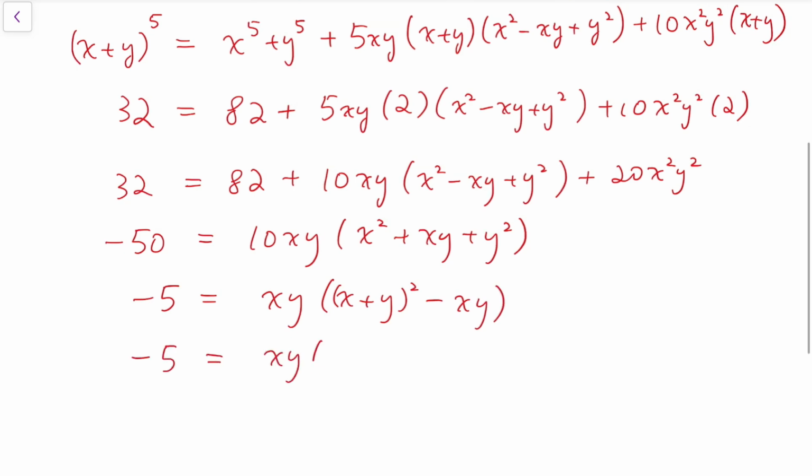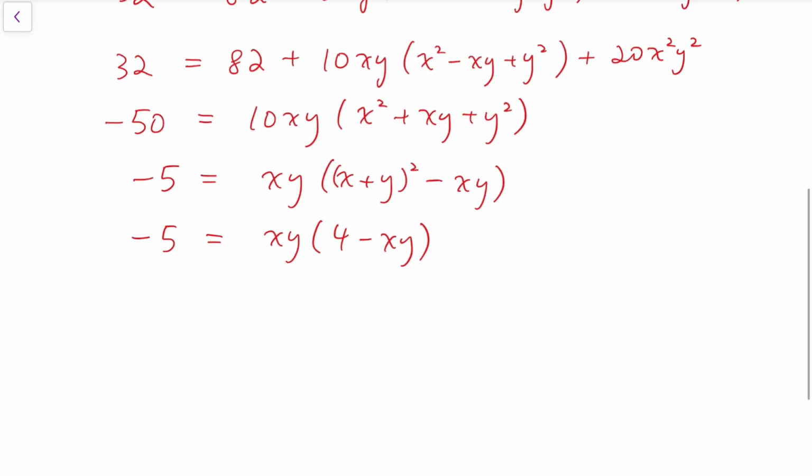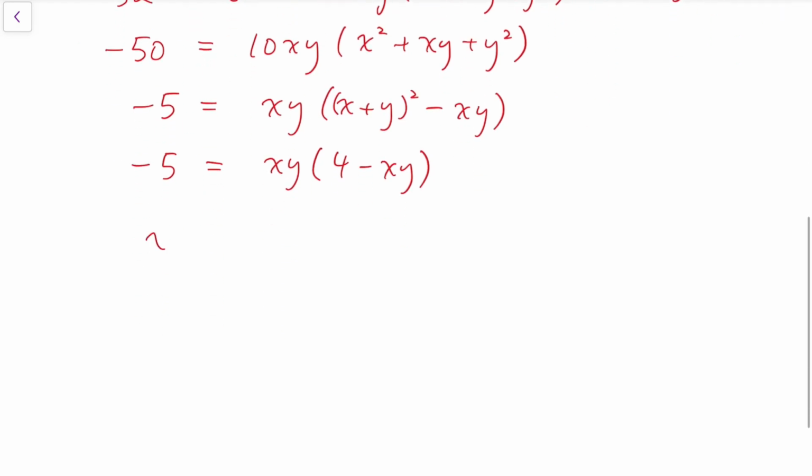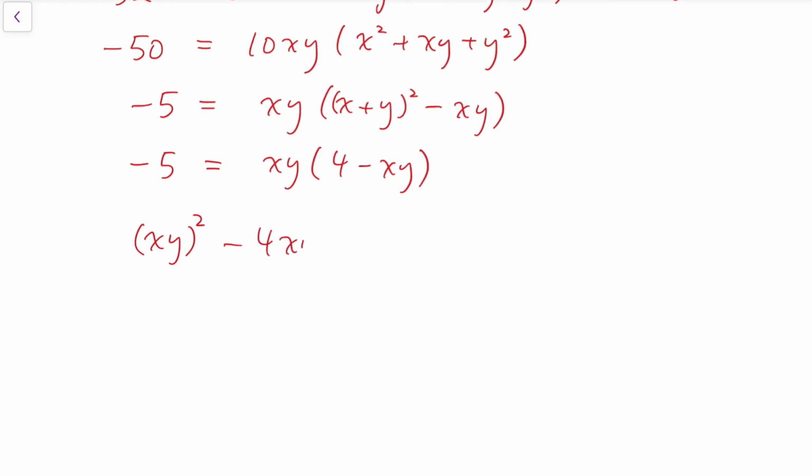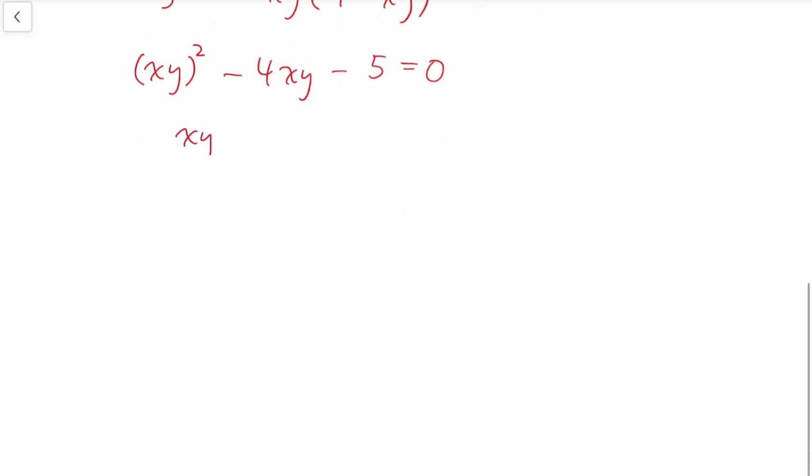So at last, we have a quadratic equation about xy. Simplifying, we have (xy) squared minus 4xy minus 5 equals 0. And so solving that, we have xy to be either 5 or minus 1.